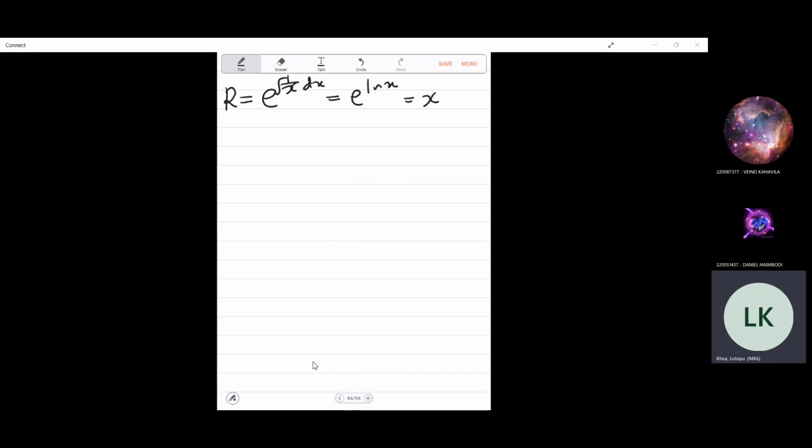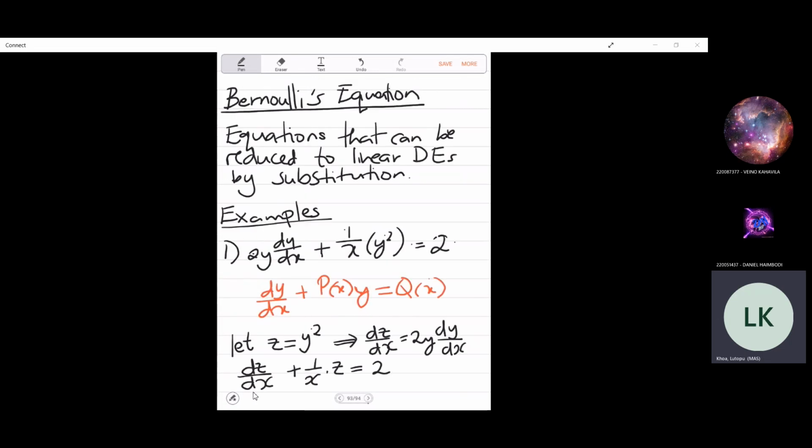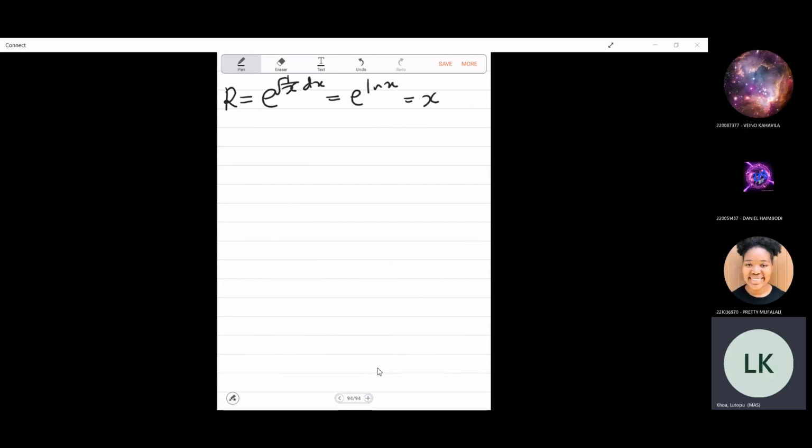So then we multiply everything by x. That will give us x dz dx plus 1 over x times x is 1, you have z, and this is equal to 2x.